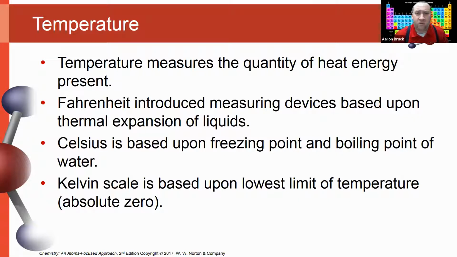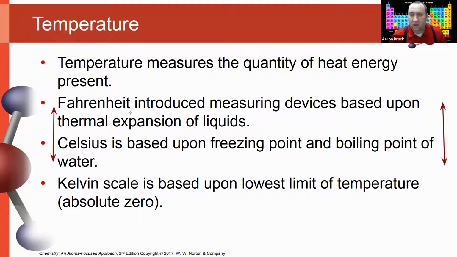Now, the 2 scales that we are probably the most familiar with are these 2 right here, the Fahrenheit scale and the Celsius scale. Those two are probably the ones that we have the most familiarity with. We've seen in weather forecasts, we've seen in other places, Celsius and Fahrenheit both being used. They're both based upon what is called a relative definition.